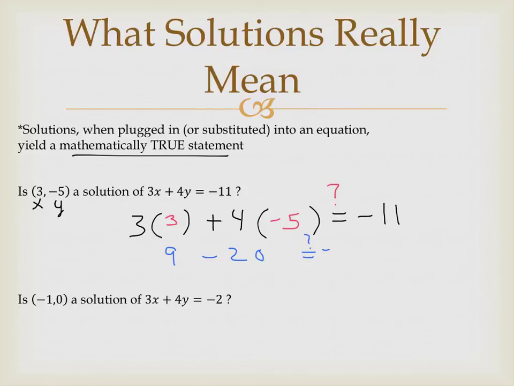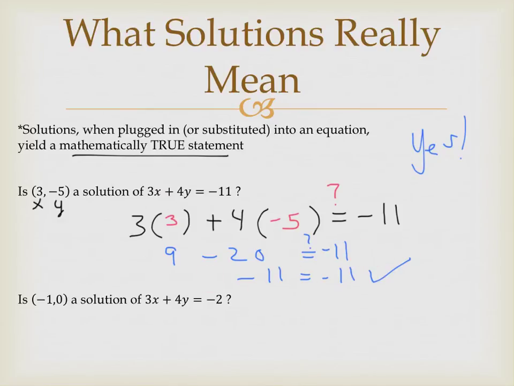Does that make -11? Yes, it does. -11 equals -11. Therefore, yes, 3, -5 is a solution. That means that this point lies on this line if we were to graph this. Okay, so we do in fact have a solution because we have a true statement.